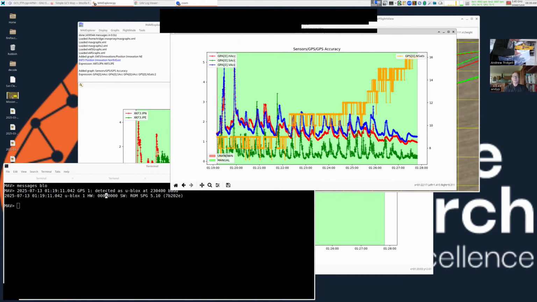Now, you can get small versions of the F9P. This is a small F9P. But again, you're going to be paying a lot more for a GPS like this than you would for the M10. Yeah, here's an M10. This one looks different physically, but it's the same sensor underneath as what Stuart had in his aircraft.